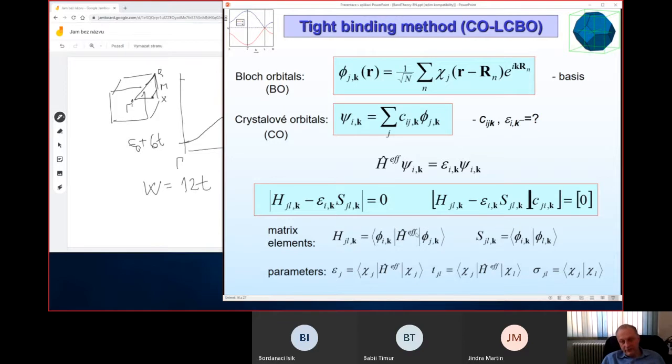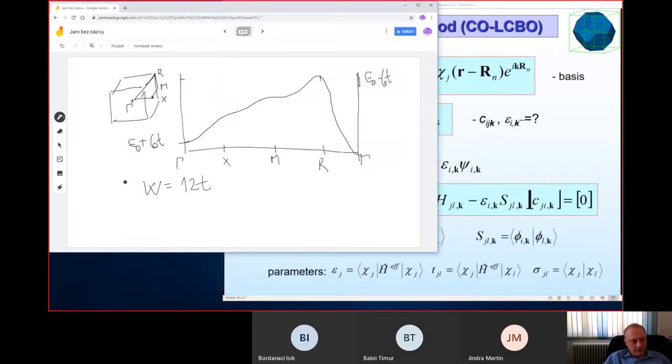This is the so-called Dirac notation, and this means in fact an integral of phi l H phi j over the whole space. But again, within these Bloch functions, we consider usually only the nearest neighbors for the atomic orbitals.